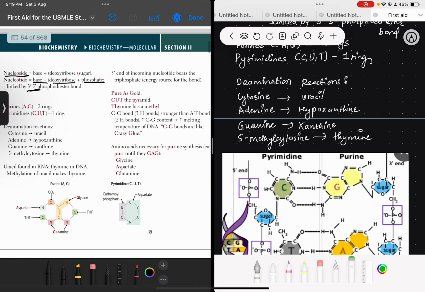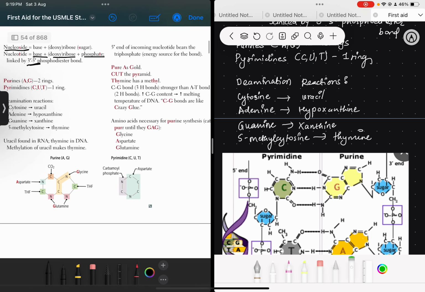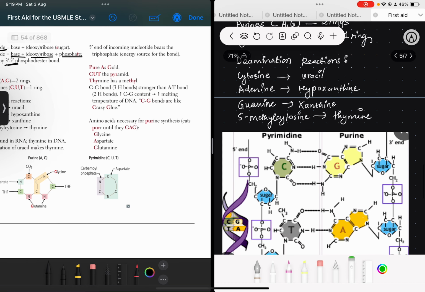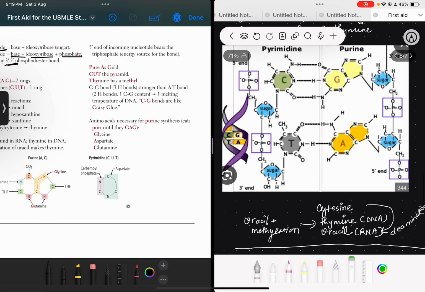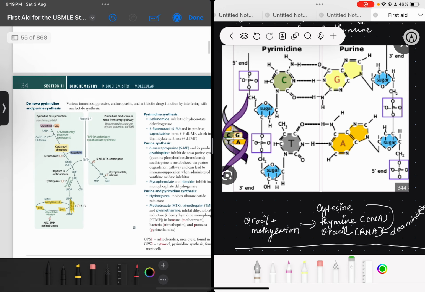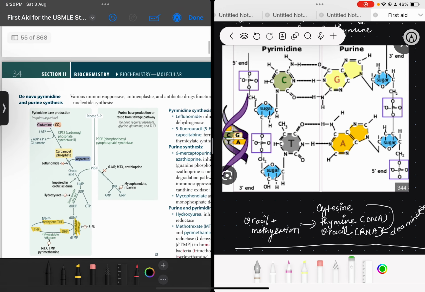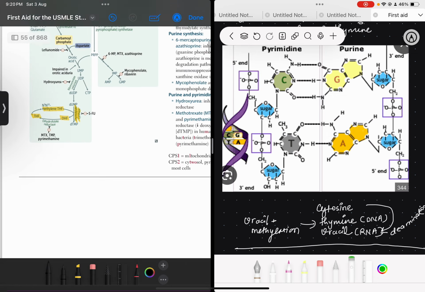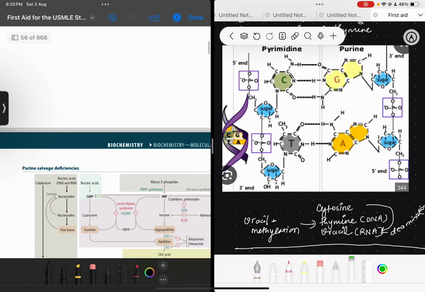Now the synthesis of pyrimidine and purine. This is a slightly difficult reaction, I guess, de novo pyrimidine and purine synthesis, but let's try to remember this.